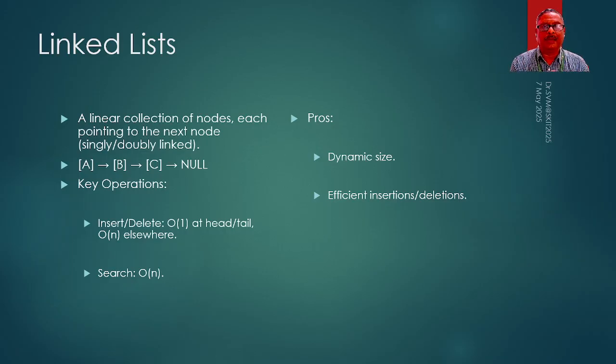So it can be anything starting from zero. As and when required, we keep adding new nodes and add a new data to that. And insertions, deletions are more efficient compared to what we were doing with arrays.